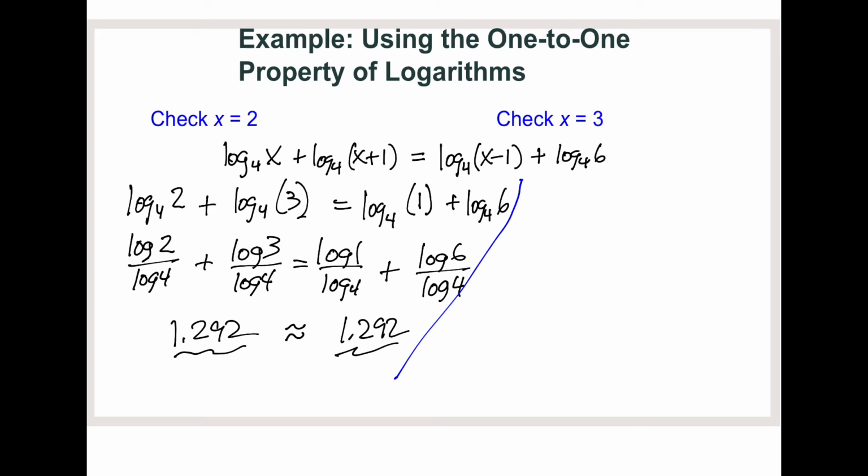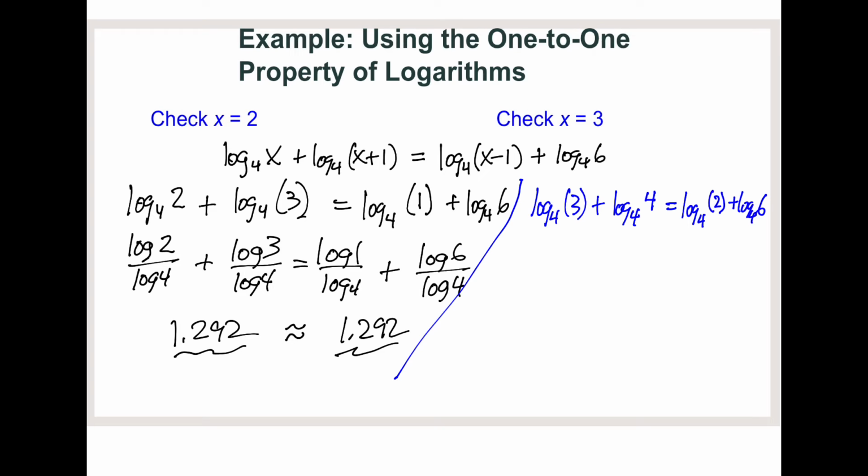So plugging in 3 as a solution, this gives me log base 4 of 3 plus log base 4 of 3 plus 1, so 4, equaling log base 4 of 3 minus 1, so 2, plus log base 4 of 6.